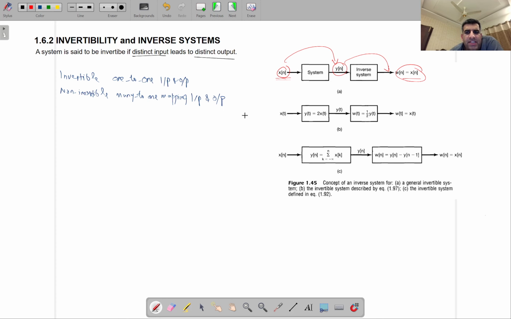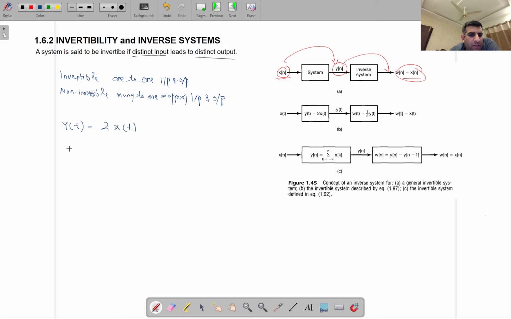Okay, so let's have a look now at a few examples. Let's say the system equation is y of t equals 2 times x of t. Now we can compute an inverse system. At the moment, the output is expressed in terms of the input. If I can express my input in terms of the output and it's a one-to-one mapping, then we say that we have an inverse system.